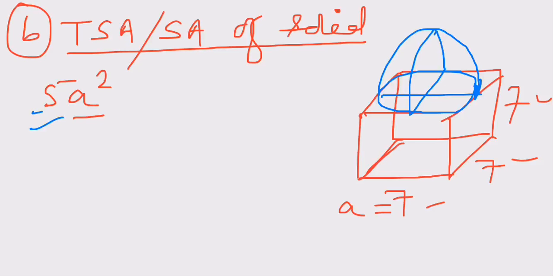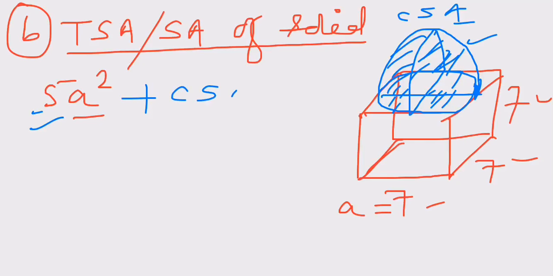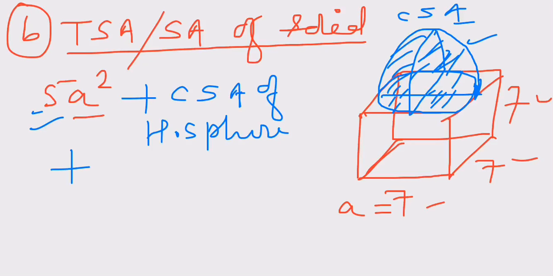From the figure it can easily be concluded that the curved surface area, CSA, of this mounted hemisphere has to be included in the total surface area of the combined solid. It means plus we have to add the CSA of the hemisphere. Now are we done or not? If you carefully look at the figure, we are still not done. Why are we still not done?